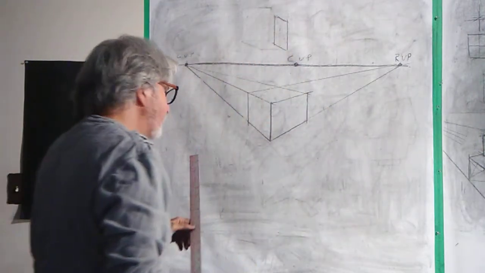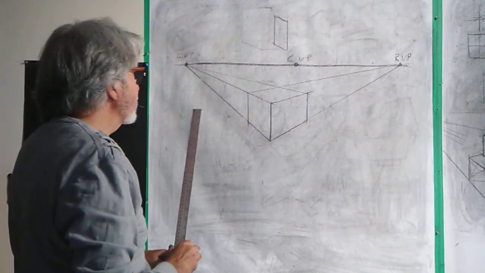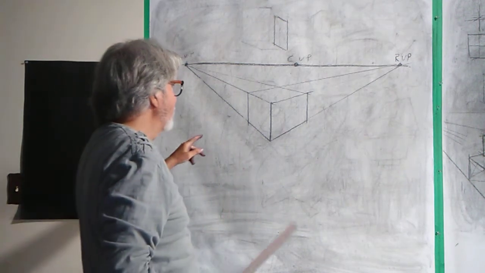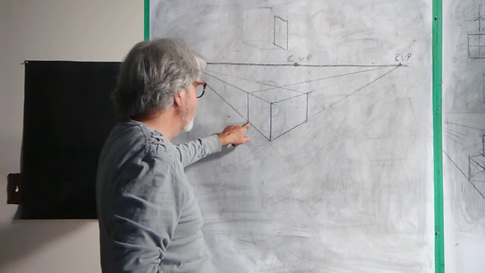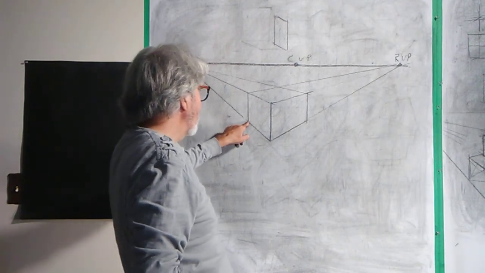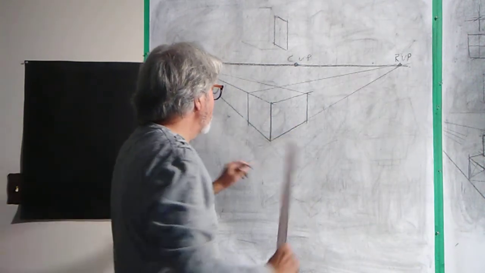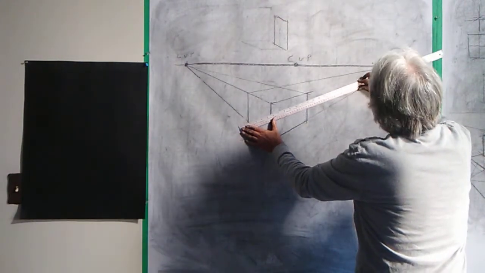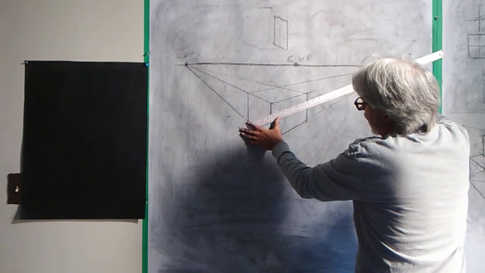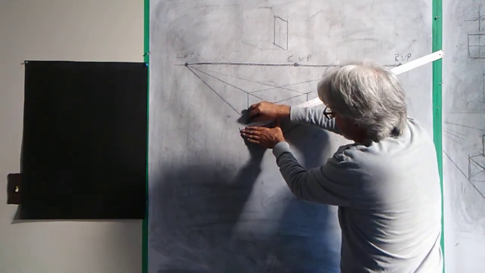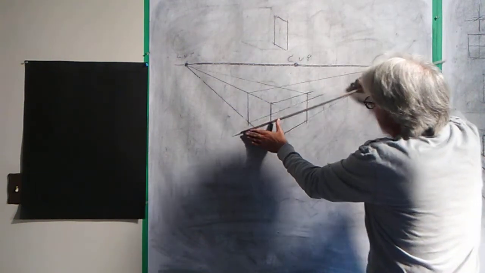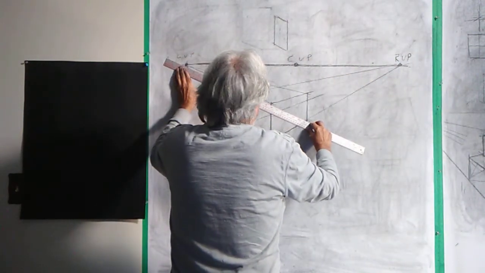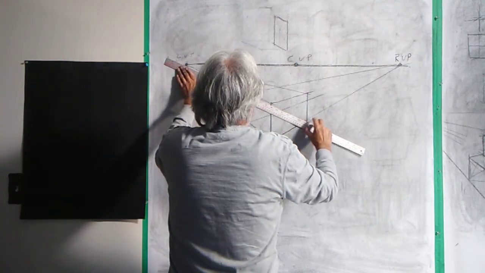So now we've got a decent enough two-point perspective box, but we are going to make this a transparent box. So remember, with your transparent boxes, you've got to take the two corners that are invisible on the inside and converge them. So now we're going to take, of course, the one on the left. Like I said, they're always going to cross. So the one on the left has got to go to the right. And the one on the right, the buried corner, or the one inside of the box, has got to go to the left.